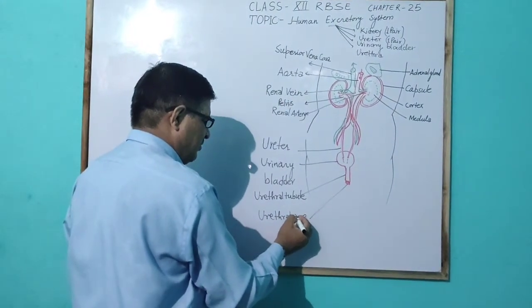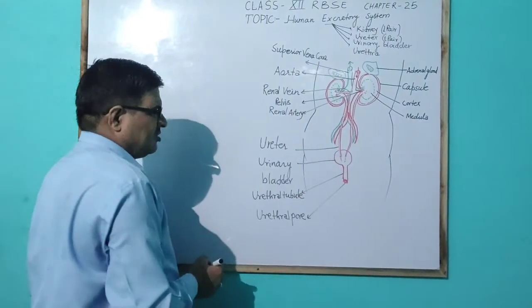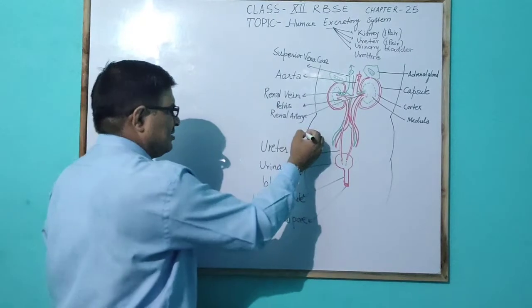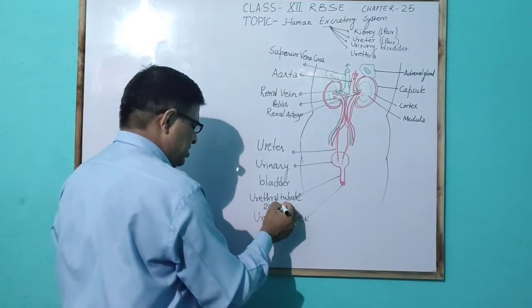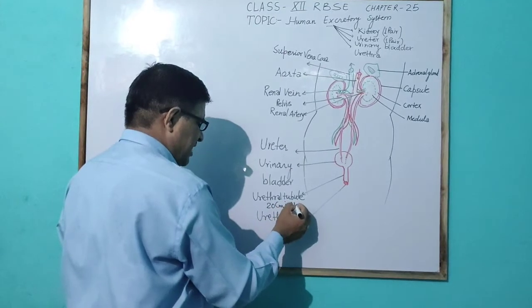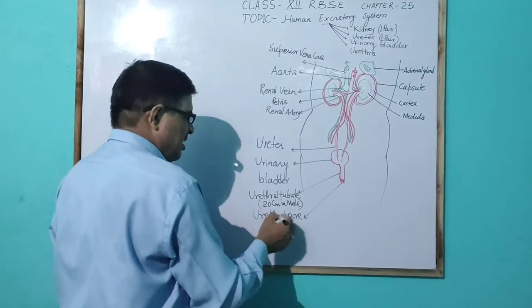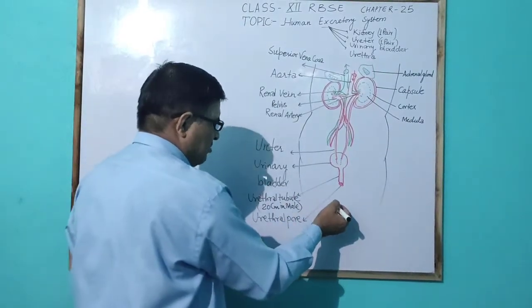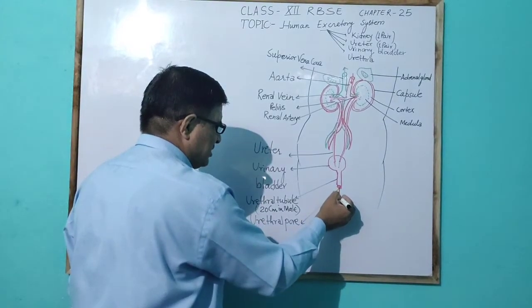As in the case of female, the urethral tubule is generally 4 cm, but in the case of male, it is about 20 cm in length, which opens by the urethral pore as urine passes out.